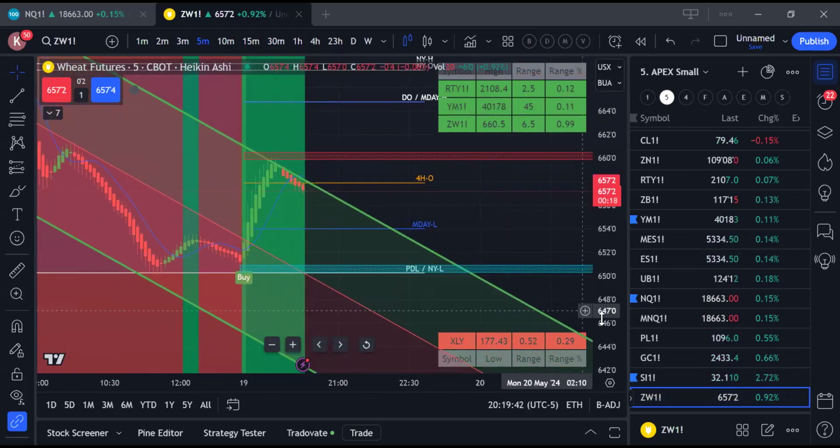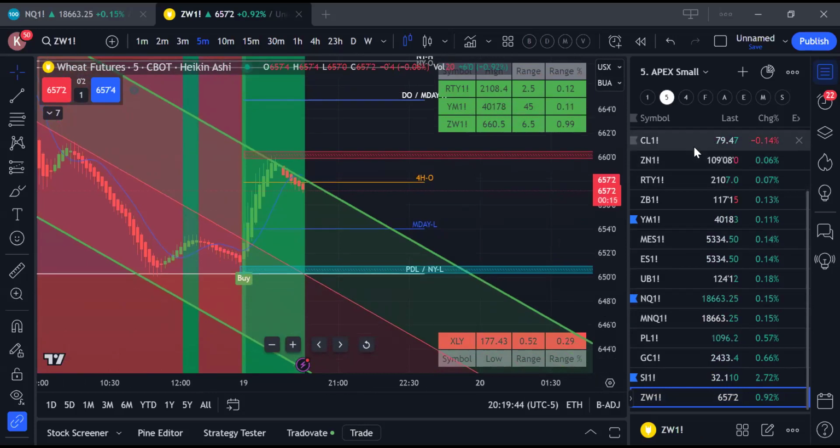Yeah, we did not take on wheat. We only took it on the soya bean.